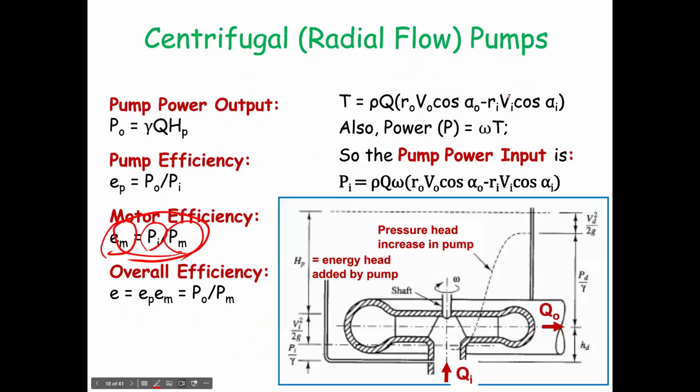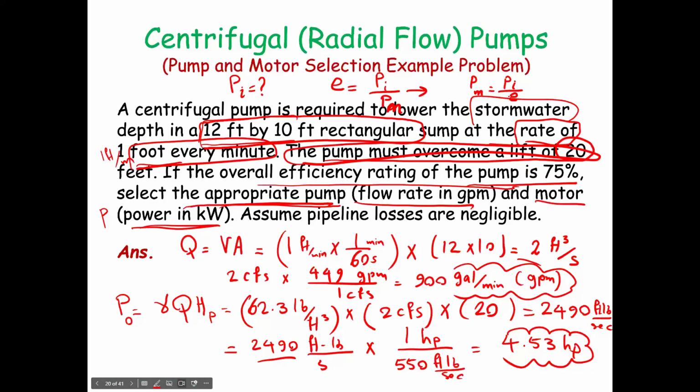Efficiency of motor or pump efficiency? Which one do I have? That's the overall efficiency, right? So it's not the motor one. Probably I should not go for the motor one because it didn't mention efficiency of motor. So I think efficiency of that one, I over O. That makes more sense to me. PI, PO multiplied by E. I think that's correct right now.